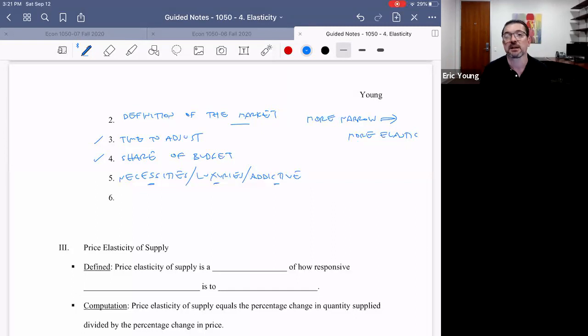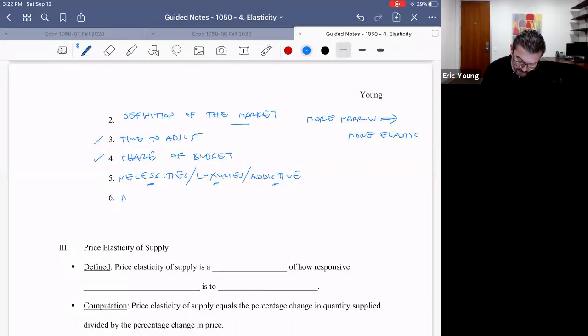Finally, addictive goods tend to be highly inelastic. And you can imagine the nature of an addictive good is such that you need it. And you're going to have to pay whatever price you need because you really can't control your consumption because you're addicted by definition. Okay, so the fifth criteria: necessities, luxuries, and if a product is addictive.